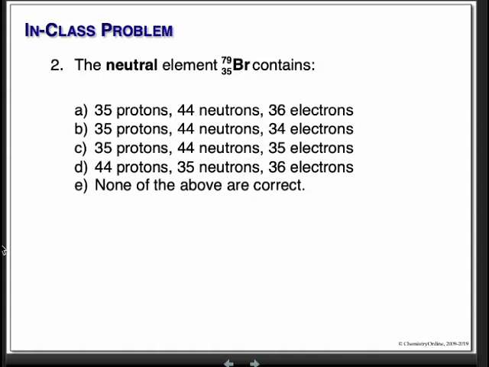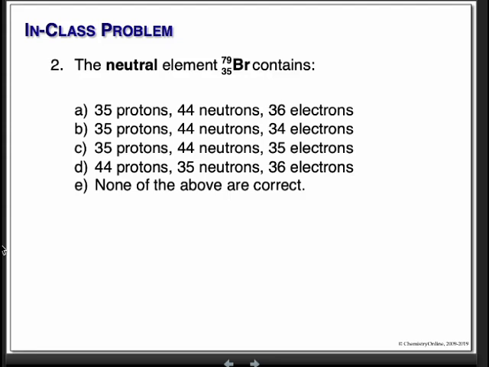The neutral element, bromine-79, atomic number 35, contains what? Look at this, figure it out. How many protons does it have? What's the atomic number? 35.